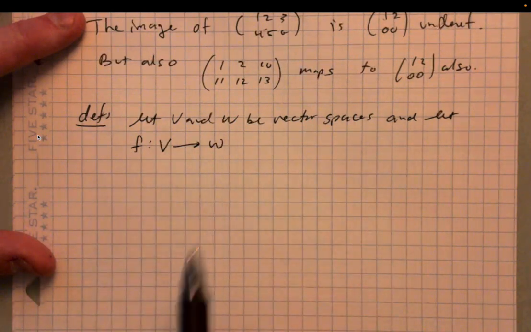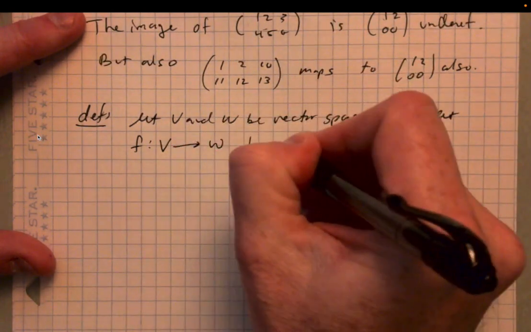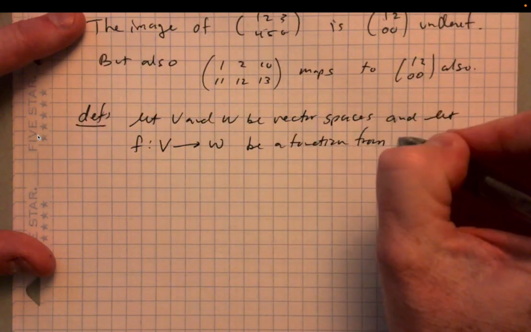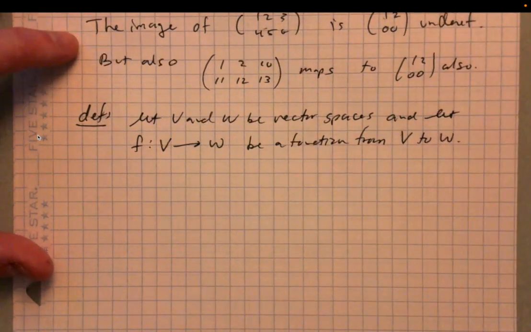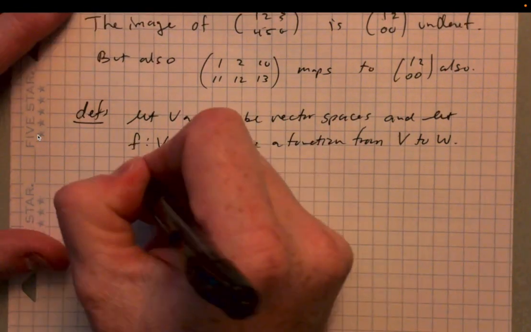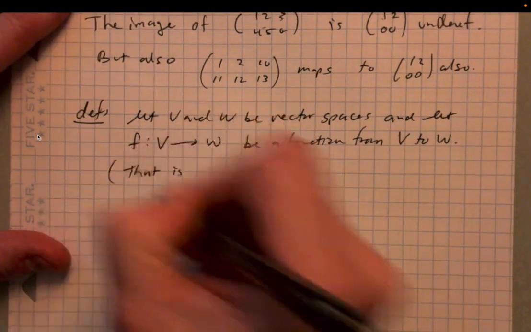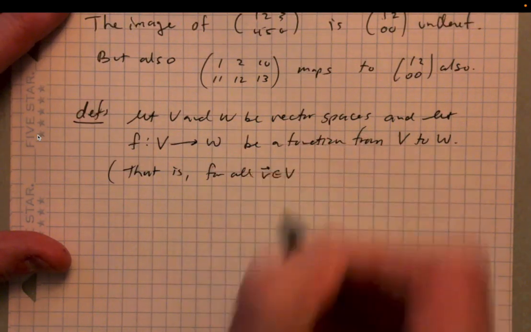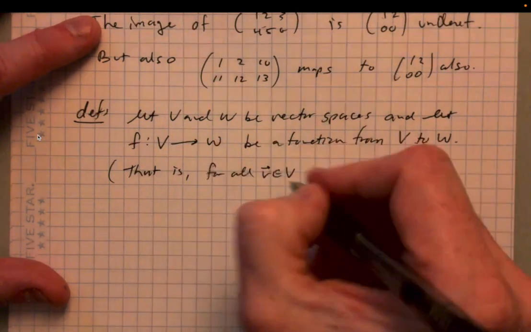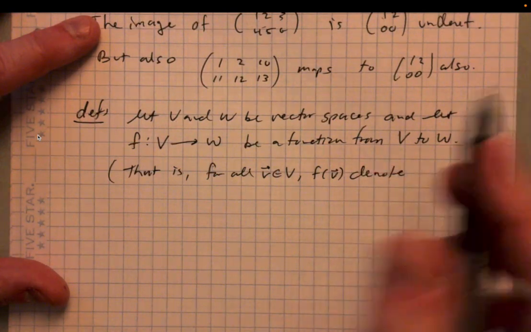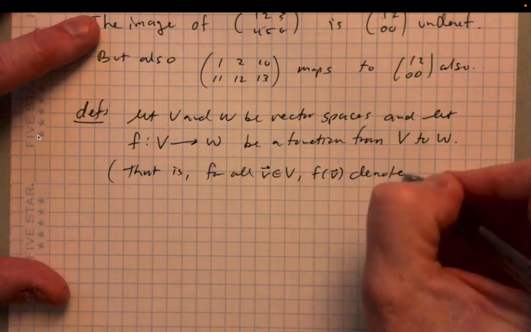We'll let F from V to W be a function, and to clarify here, for all vectors in V, F of V is going to denote exactly one vector in W.